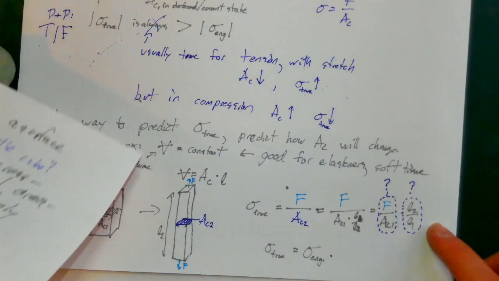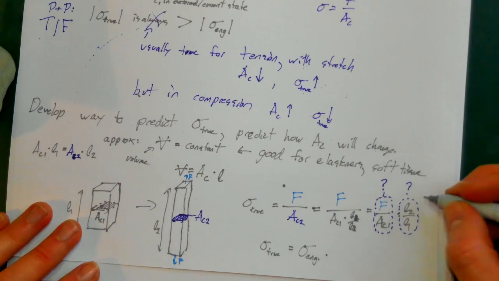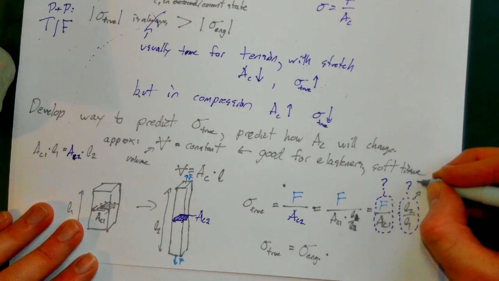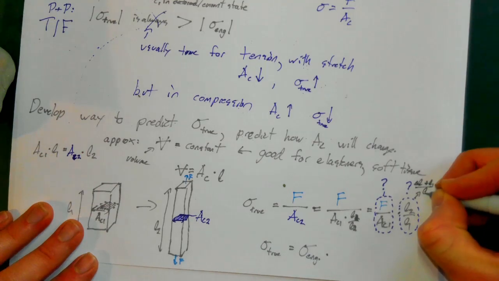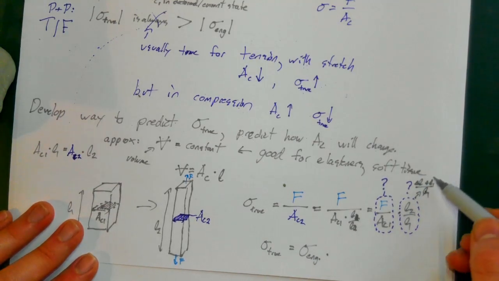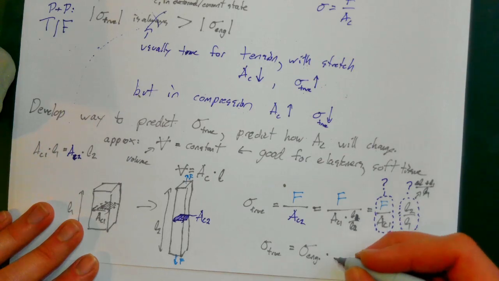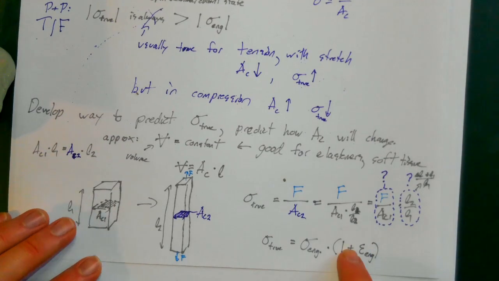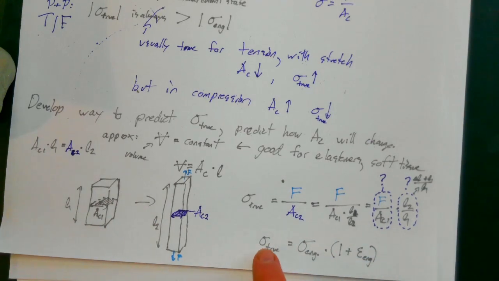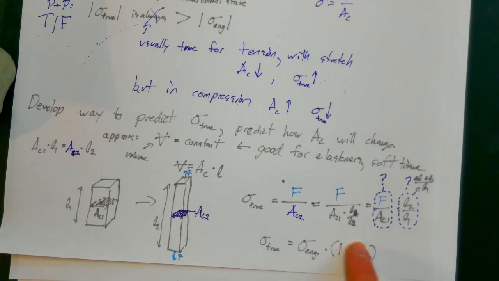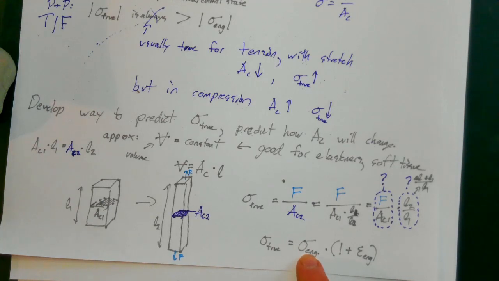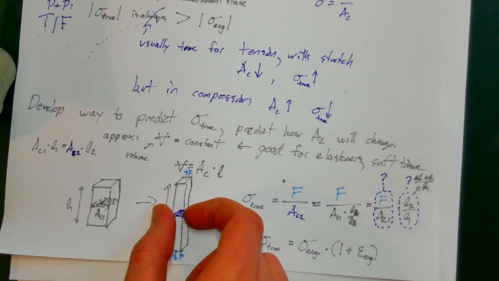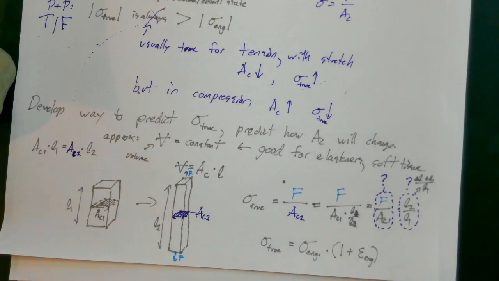And L2 over L1 is delta L plus L1 over L1, which is 1 plus the engineering strain. So you can include this little correction factor in your computations of engineering stress to get a prediction of the true stress the material actually experiences when its cross-sectional area changes in response to deformation.